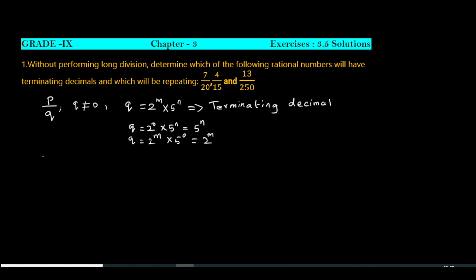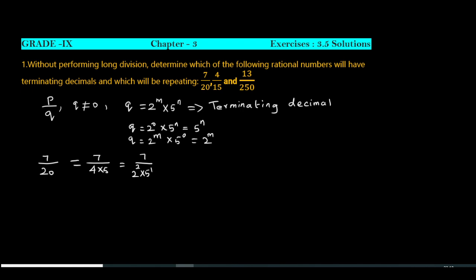Let's check the first number, 7 by 20. Without performing the long division, we need to check like this. 7 and 20 do not have any common factor, so it is in the lowest form, the standard form. We cannot simplify this further, but 20 can be written using prime factorization; 20 is an easy number, so I am writing directly: 4 fives are 20, and 4 can be written as 2 power 2. So 20 is 2 power 2 into 5 power 1.